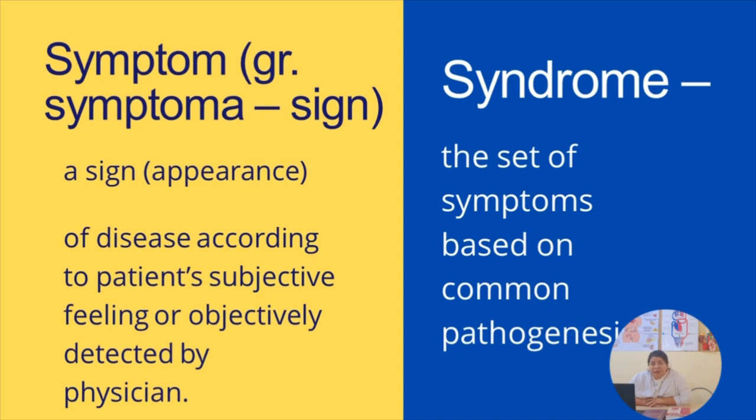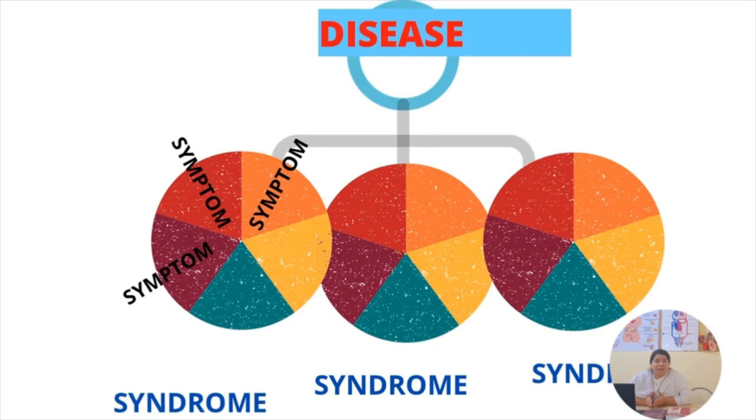What is a syndrome? A syndrome is a set of symptoms based on a common pathogenesis, on common mechanisms of development. Examples of syndrome: bronchial obstructive syndrome, as we mentioned before, consolidation of lung tissue syndrome, bronchiectasis syndrome, hyperairness of lung tissue syndrome, and so on.